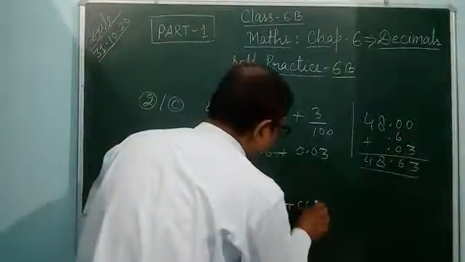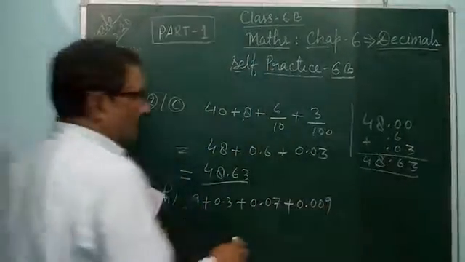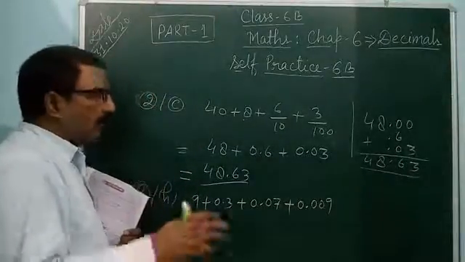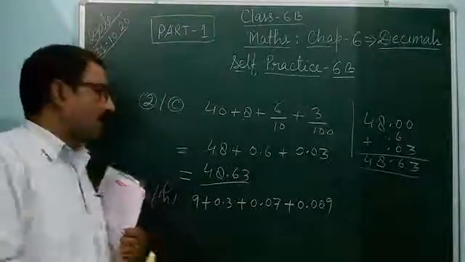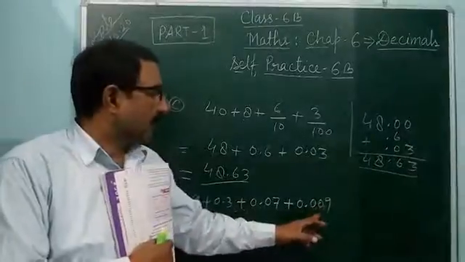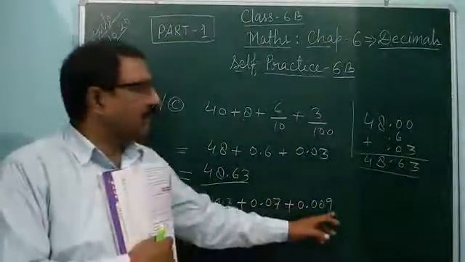So you can see 9 is the whole number. But after the decimal, how many digits are greatest? After the decimal, 1, 2, 3 digits here. Here 2 digits only, here 1 digit. So after the decimal there are 3 digits here.